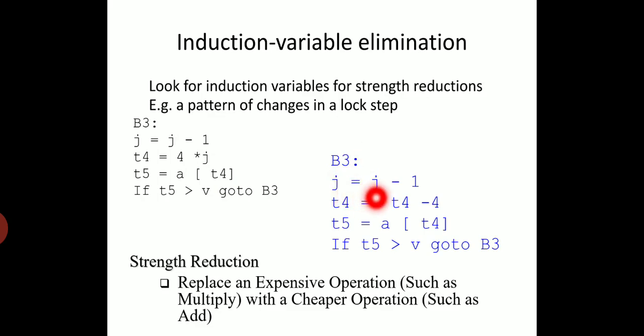So here we are replacing it with t4 is equal to t4 minus 4, instead of 4 star j. t4 means it is 4j, which you have to initialize before B3 starts. Then t4 minus 4, and if t5 is equal to a of t4, like that we can continue. So strength reduction means replacing an expensive operation with a cheaper operation.